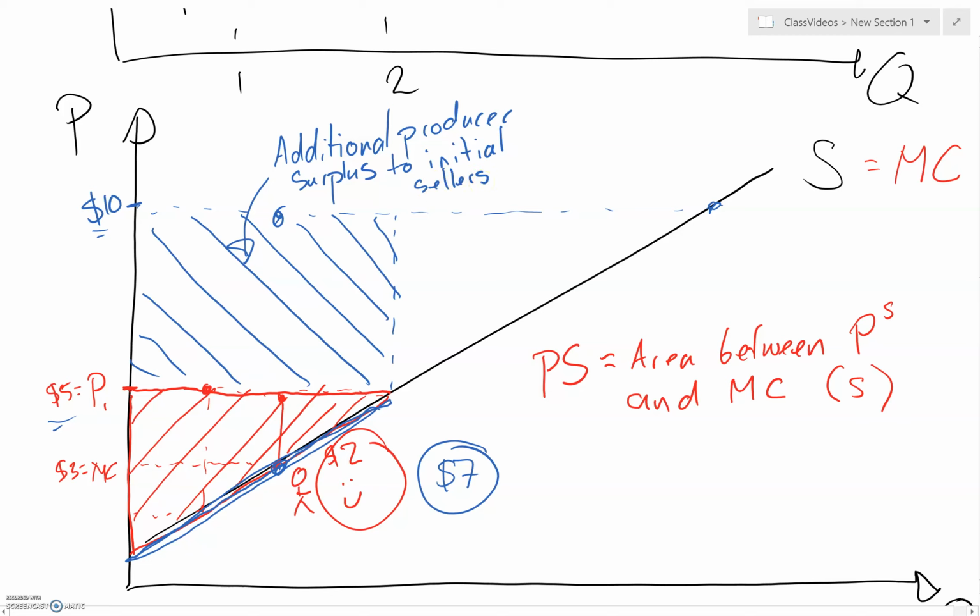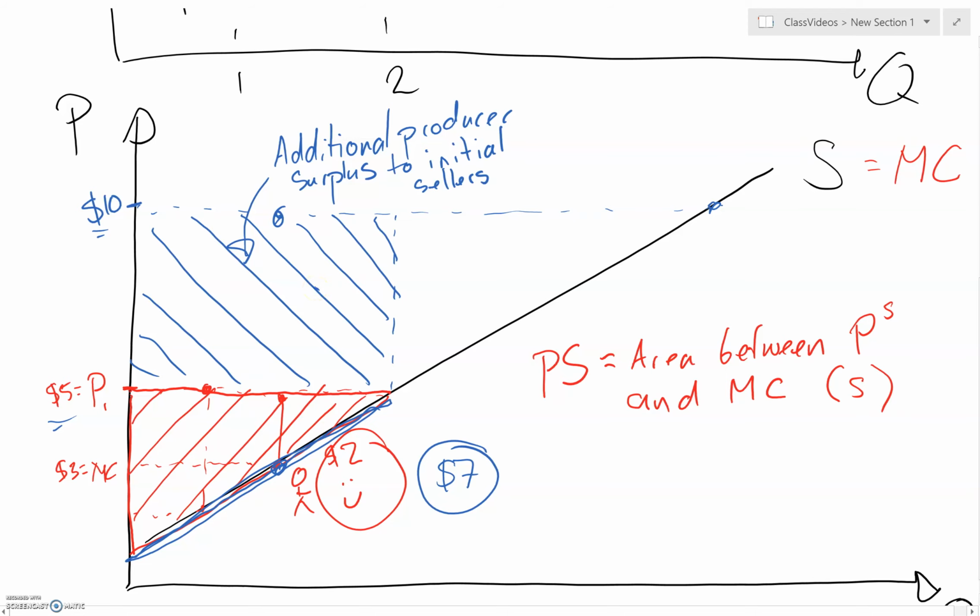This is producer surplus that sellers who are already selling at the lower price get in addition to what they got at the low price because the prices have gone up. I'm one of these lower marginal cost sellers and prices have gone up. I'm not going to change what I'm doing, but I'm getting more money for what I'm doing. So my producer surplus goes up by this much.